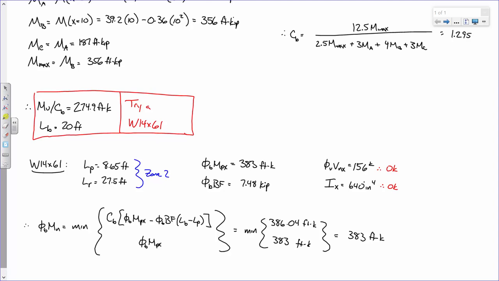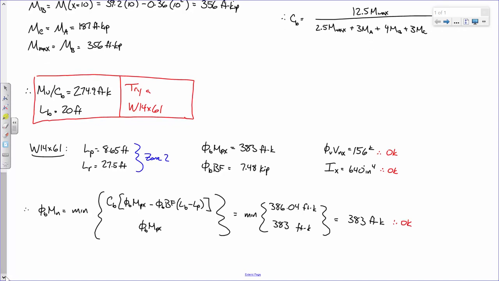So therefore, case 2, we're able to use a W14 by 61. And so we were able to shave some weight off that beam just by using C sub B. That was real dollars on the construction side. So use W14 by 61, and that's the answer for case 2.